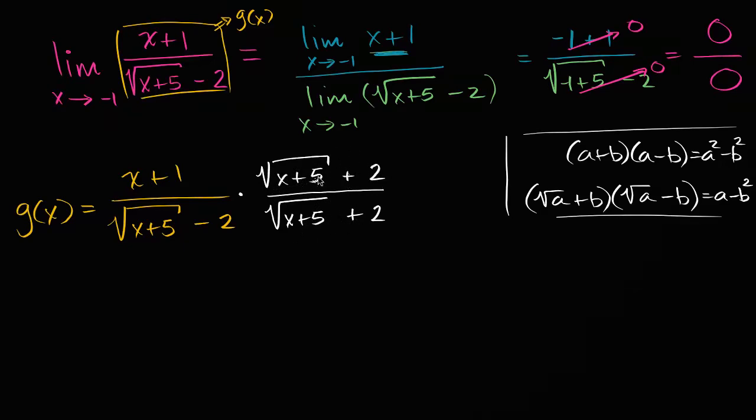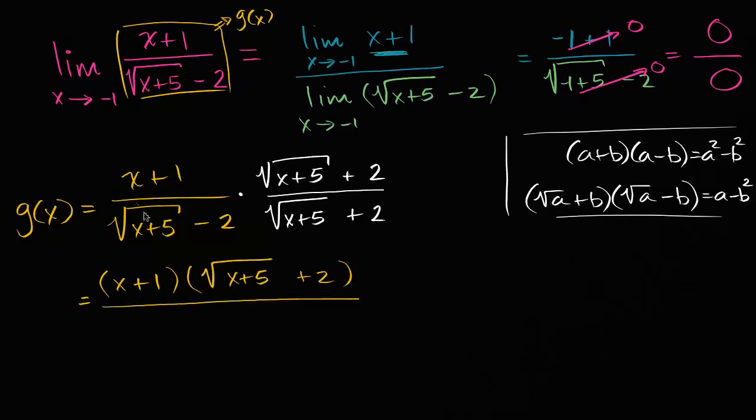So this is going to be equal to x plus 1 times the square root of x plus 5 plus 2. And then the denominator is going to be the square root of x plus 5 squared, which would be just x plus 5, and then minus 2 squared, minus 4.